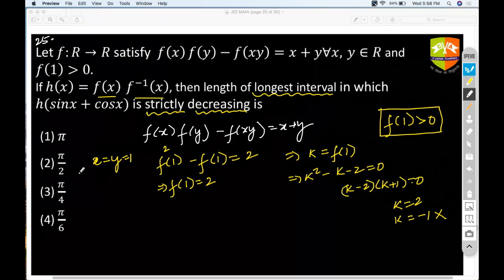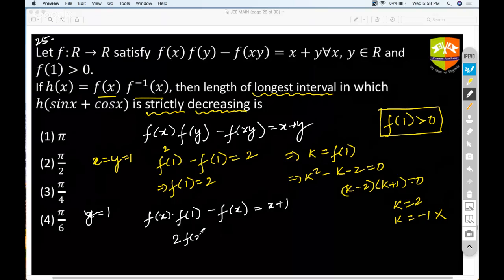Now let us do one thing. Let's put y as 1 and let x be as it is. So f of 1 times f of x minus f of x is equal to x plus 1. So f of 1 is already 2.